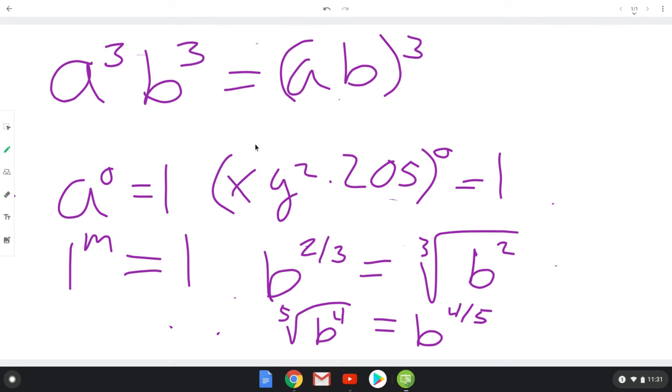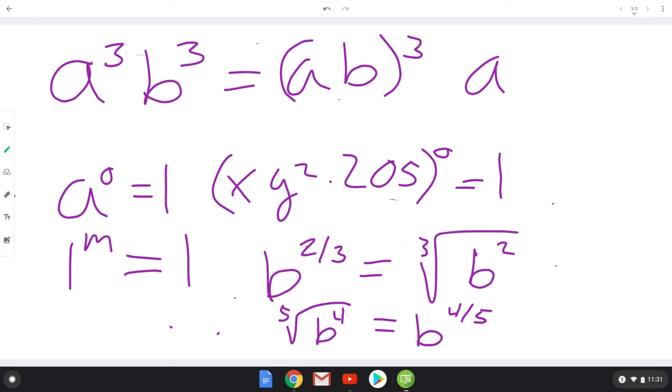As long as the power is the same, this time the bases are different, so I don't add the exponents. If the power is the same, then I can pull it out of a parenthesis, essentially. So if the power is the same, I could pull it out and just multiply the bases. And if the bases are the same, I add the exponents.